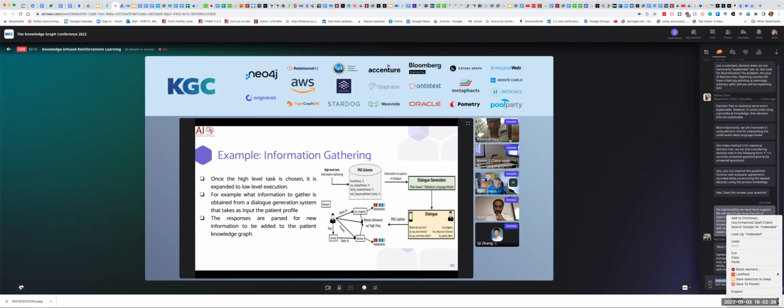Using that schema, a dialogue generation module, which can either be template-based, which is rule-based, or a large language model, will generate the dialogue pertaining to filling up that schema, all the question marks in the schema. And subsequently, the user profile graph is updated. And this continues. So now I'll show a demo.